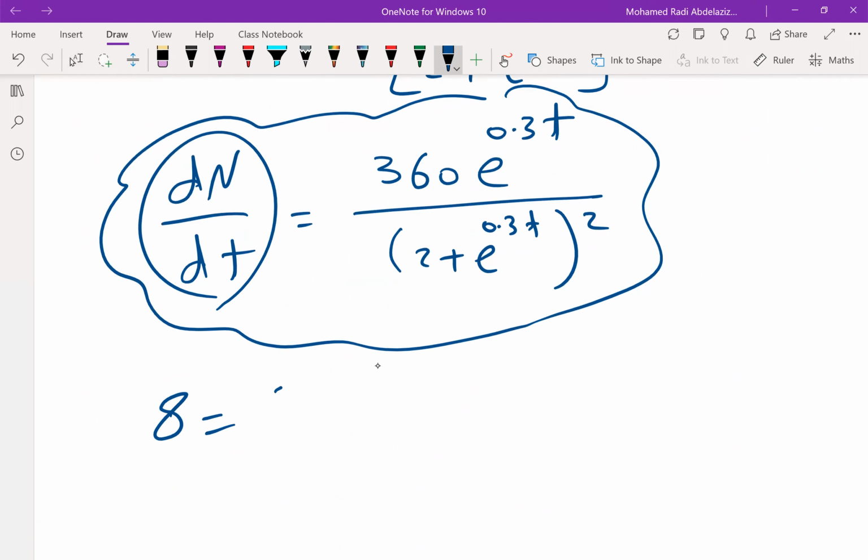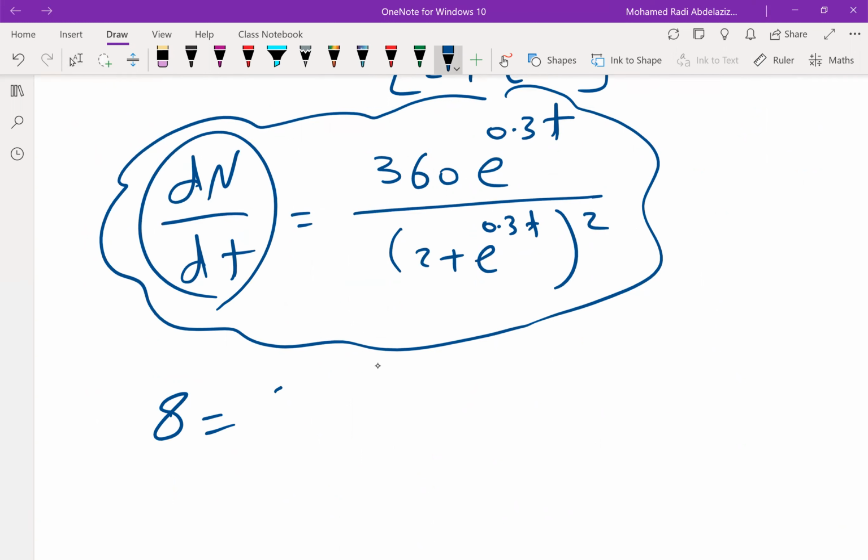We can divide both sides by 8. So 1 is equal to 45u divided by the expansion 4 plus 4u plus u squared. Cross multiplication gives a quadratic equation. u squared plus 4u plus 4 is equal to 45u. So u squared minus 41u plus 4 is equal to 0.